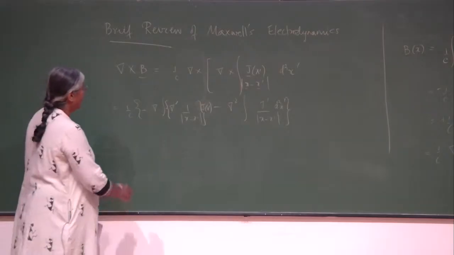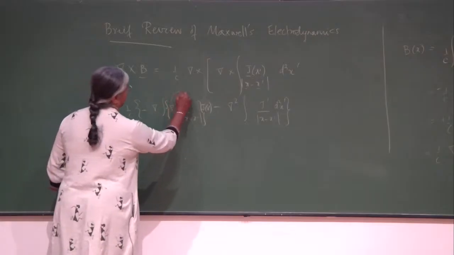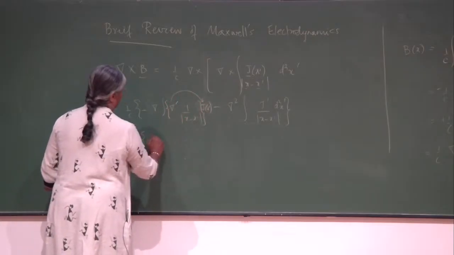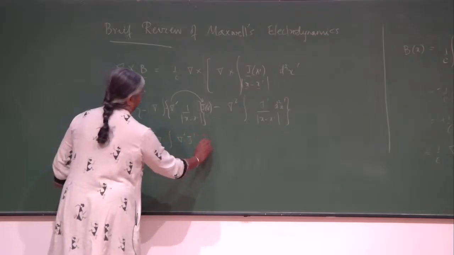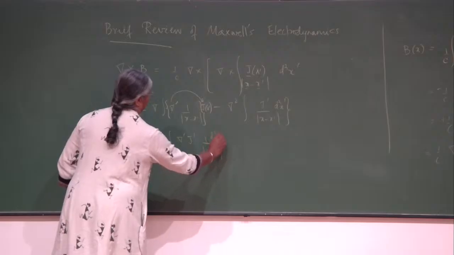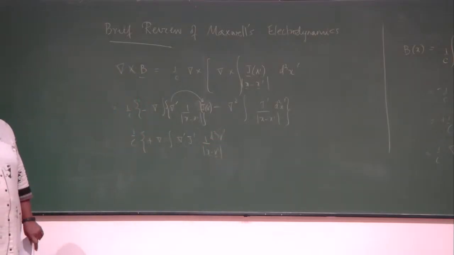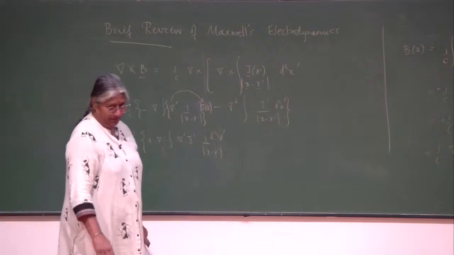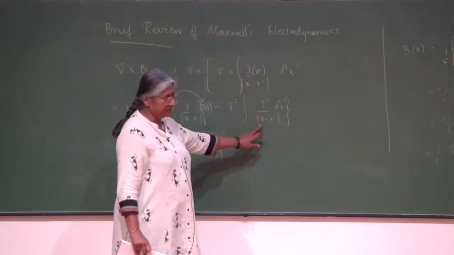Then now what I will do is I will do an integration by parts and convert del prime to act on j. So I will get plus del of del prime dot j prime over x minus x prime. Okay. What is this? J prime is independent of x. So this is simply del square of 1 by mod x minus x prime.